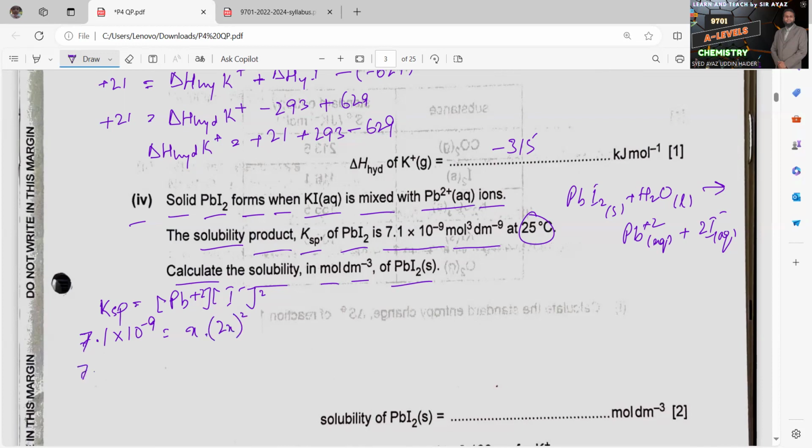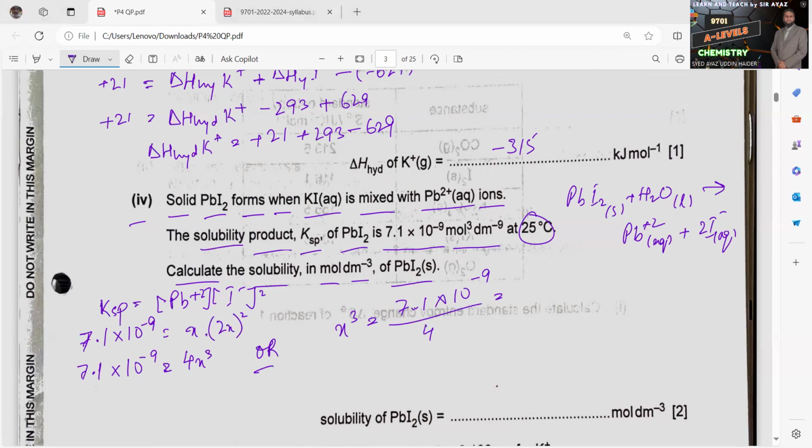So it will become 7.1 into 10 to the power minus 9 gives 2X whole square means 4X square, and when you multiply this by X, what you will get? You will get 4X cube, or X cube is equal to 7.1 multiplied by 10 to the power minus 9 divided by 4.